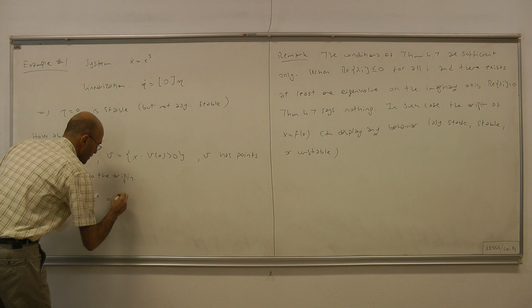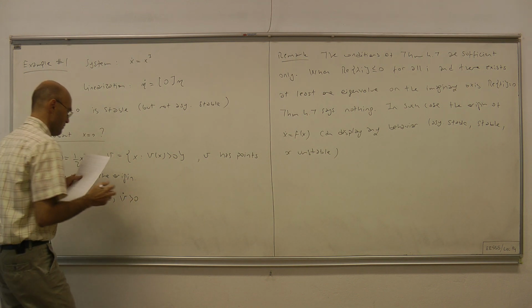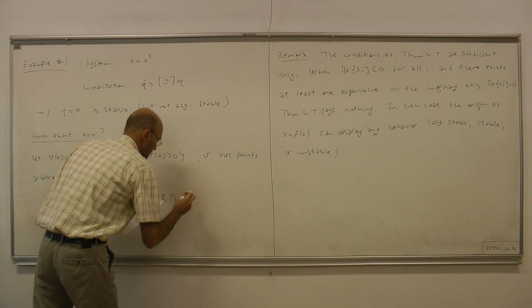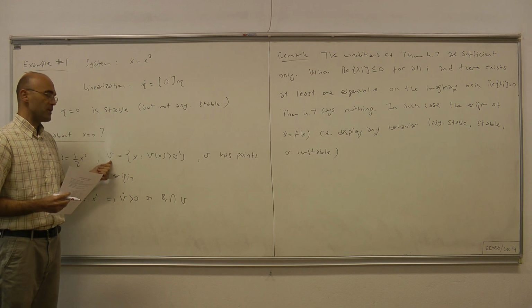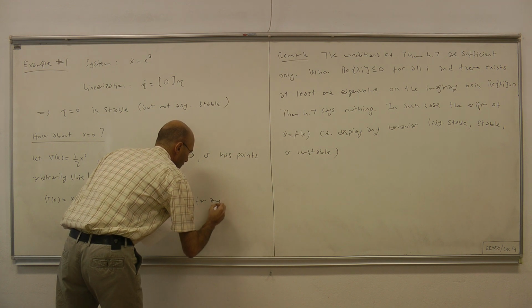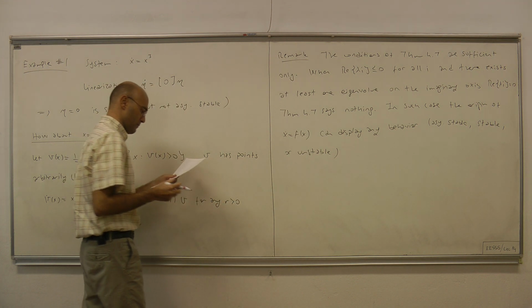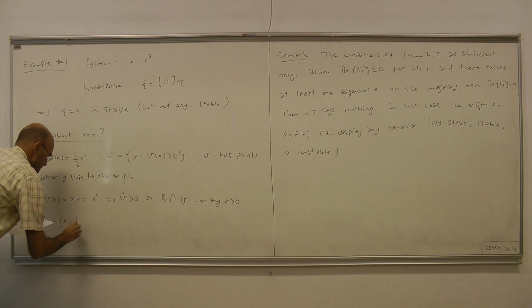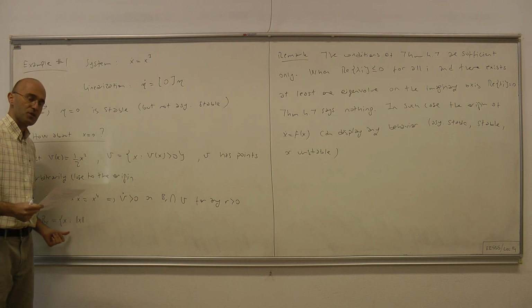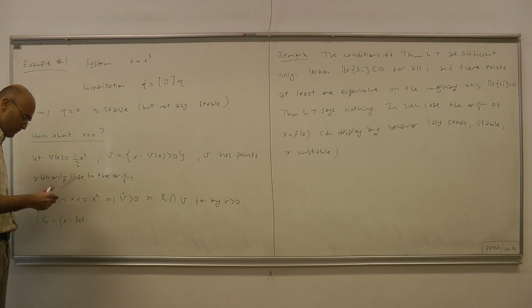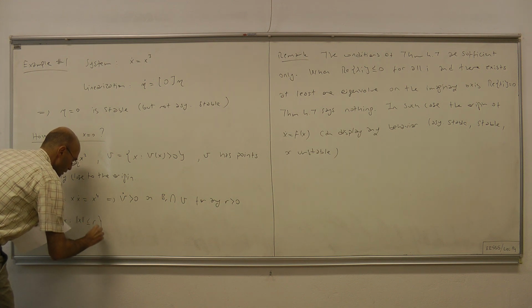Therefore, v dot is positive on the ball B_r intersected with the set of points where v is positive, for any radius r positive. Remember that B_r was defined as the set of points whose distance to the origin is less than or equal to r.